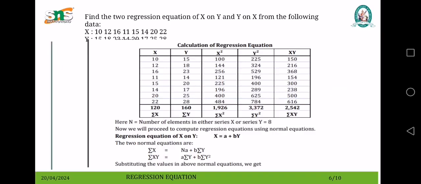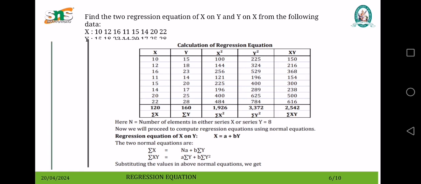Here is an example problem to find the two regression lines. Here x is 10, 12, 16, 11, 15, 14, 20, 22, and y is 15, 28, 23, 14, 20, 17, 25, 28. We use the direct method.